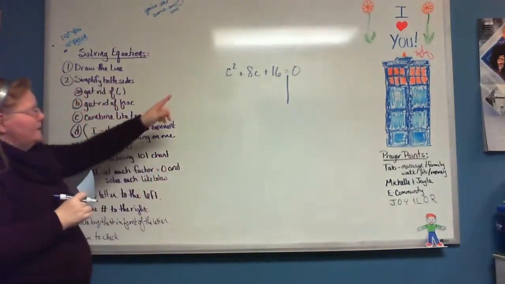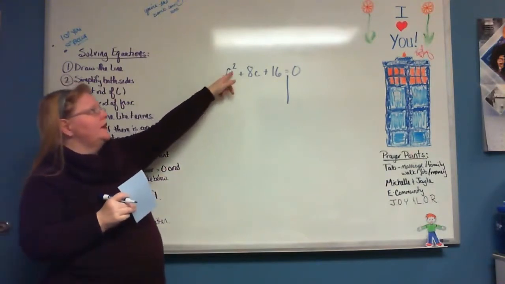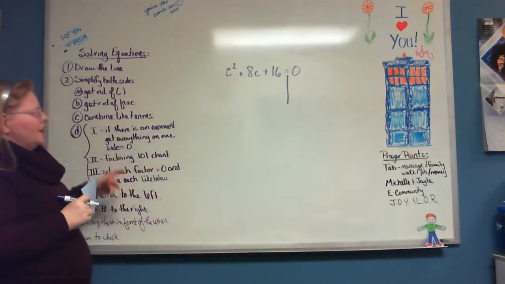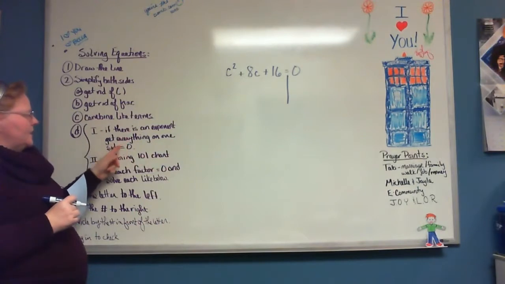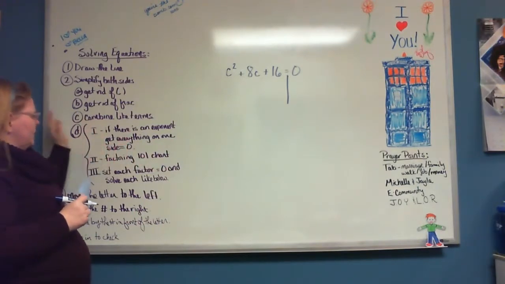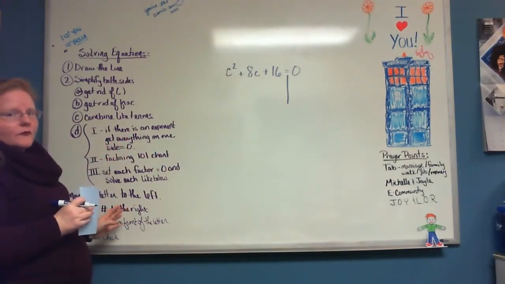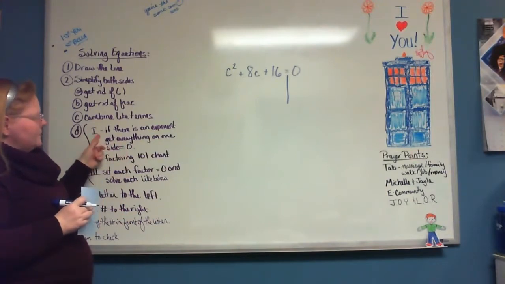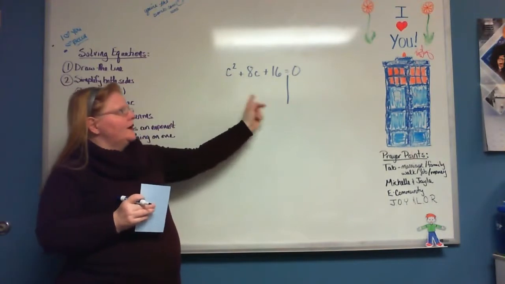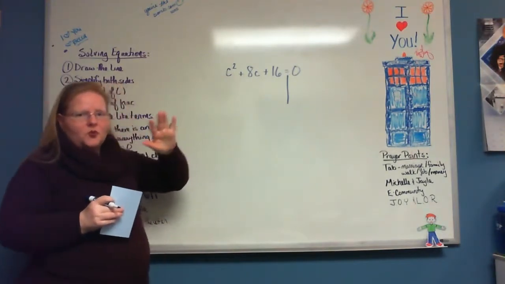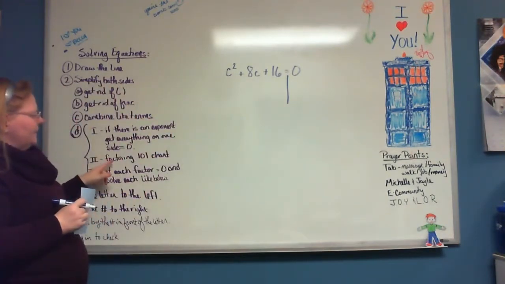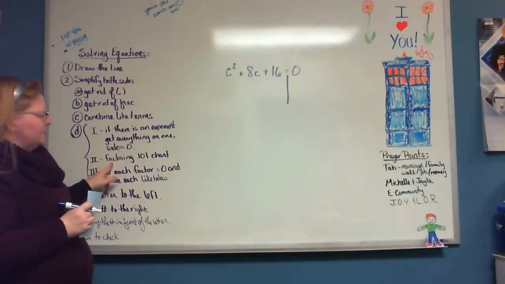Now, because I have a square term, that means I have an exponent. Because I have an exponent, that means I need to follow this. If there were no exponent, then we go back just the way we were. Skip D. But since there's an exponent, I need to get everything on one side equal to 0. Well, it's already got everything on one side equal to 0. So we're good. Then I need to do the Factoring 101 chart.